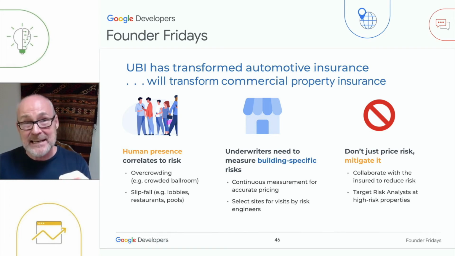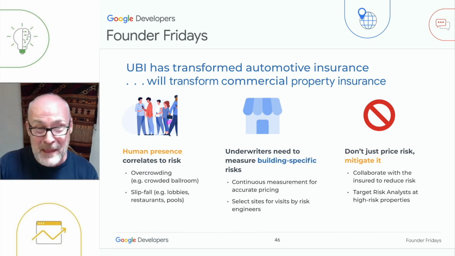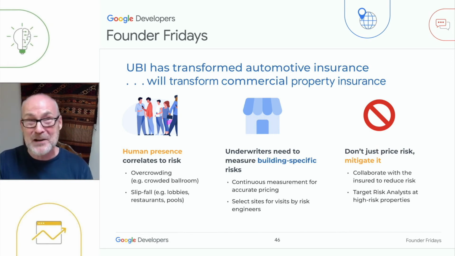And just as today insurers send risk engineers to properties to understand the details of a property, so information about occupancy can help insurers understand which buildings should be reviewed in person by a risk analyst.